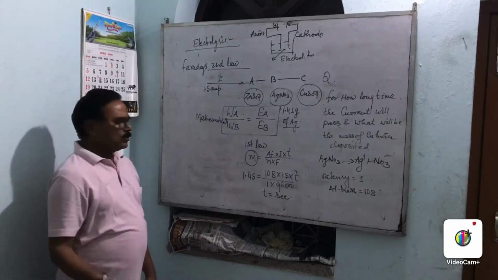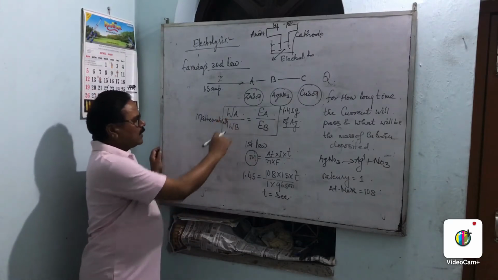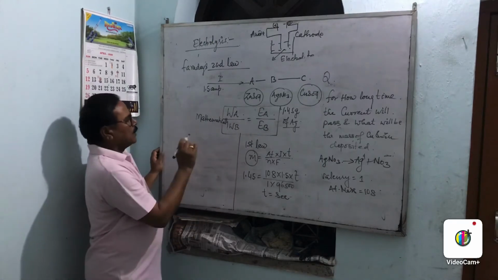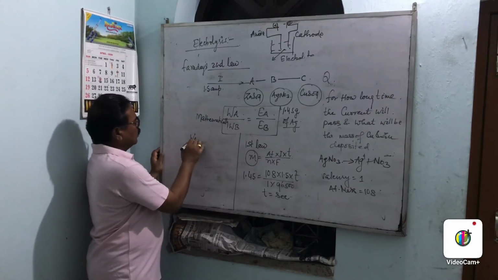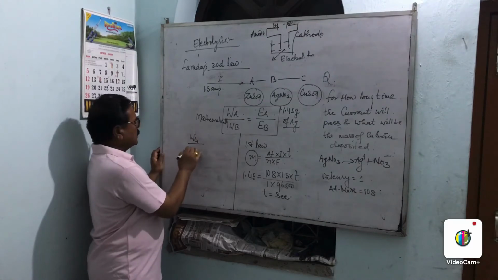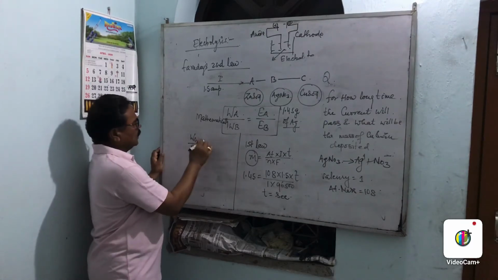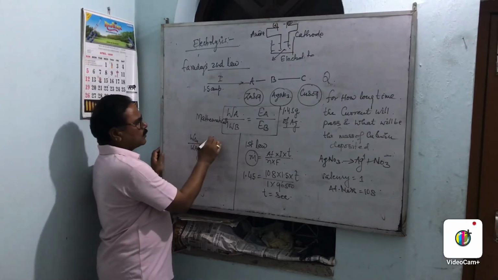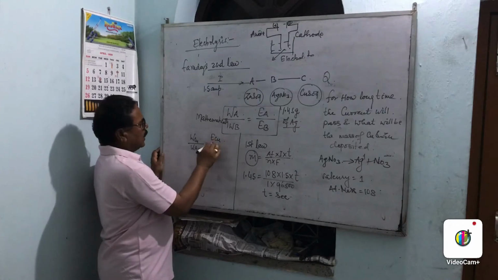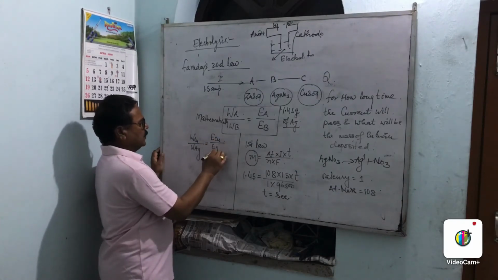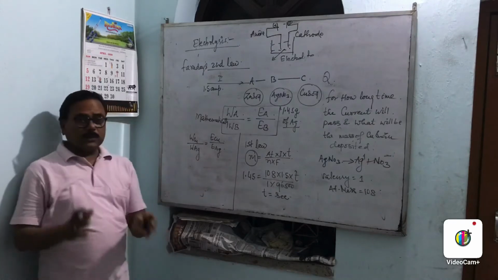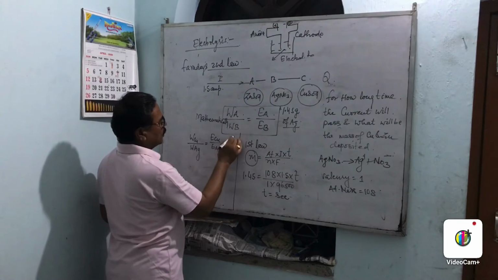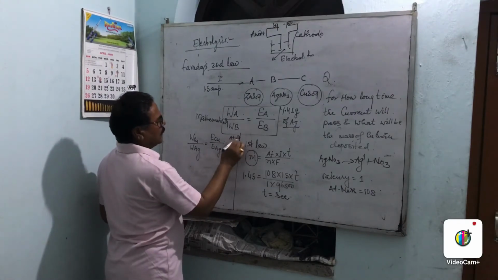So what will we do in the next step? To calculate WCu and WZn. This is another step. Now we have W copper and W Ag is equal to the equivalent weight of copper over the equivalent weight of Ag, because equivalent weight is equal to atomic weight by valency.